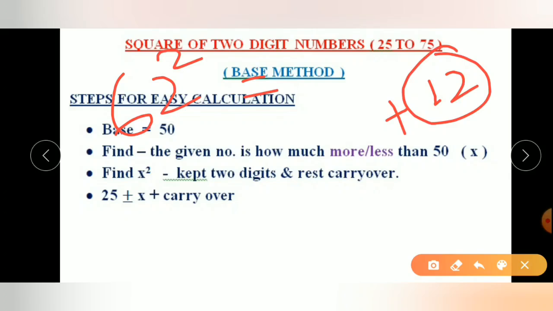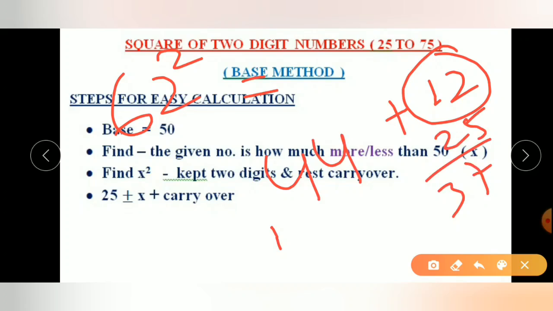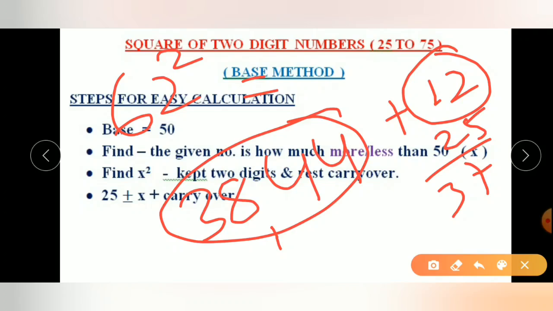It is 144, so I keep 44 and 1 is carry over. Then I add this 12 to 25. So 25 plus 12 equals 37. Plus 1 carry over, this is 38. In this way you can find the squares of 25 to 75.